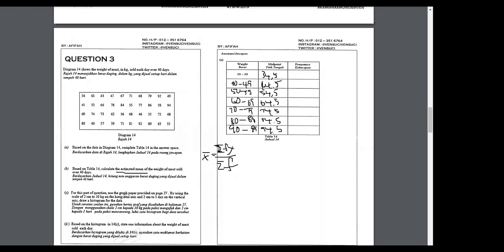You just use the frequency and the weight for the histogram. For the histogram, we will teach in the next class, because we don't have much time for the histogram already.